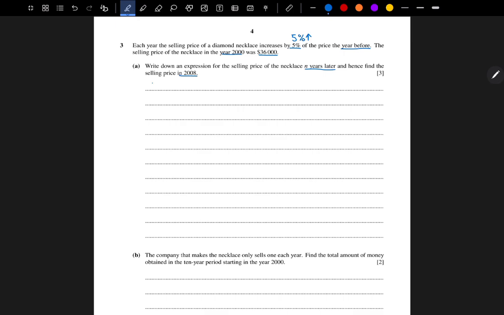We know that in the year 2000 the selling price was $36,000. In the year 2001 it will be a 5% increase of the previous year's selling price, which was $36,000.